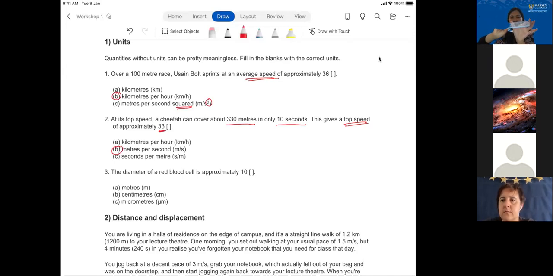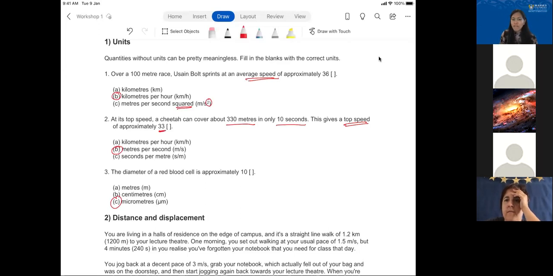Now centimeters, if you think about 10 centimeters and you get your ruler, 10 centimeters is about this long, right? So red blood cells having a diameter of 10 centimeters doesn't make sense, right? Because we have veins that are very small. So a 10-centimeter red blood cell won't fit into a small vein. So obviously centimeters would also be the wrong choice, and micrometers.